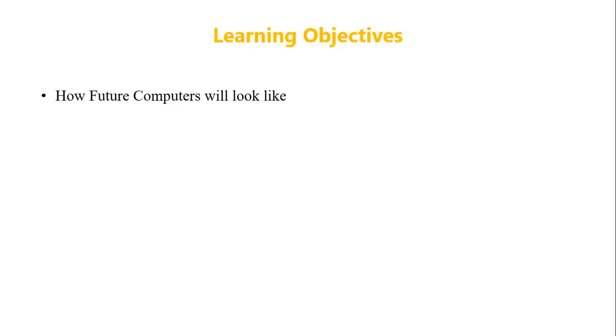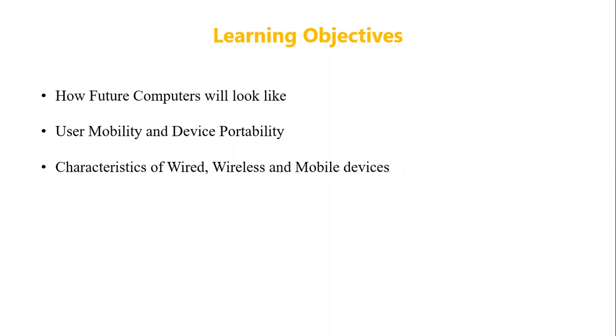After completing session 1, the students will be able to understand how future computers will look like, and what is the difference between user mobility and device portability. What is mobility and what is meant by portability. And then you'll be able to characterize the various devices.